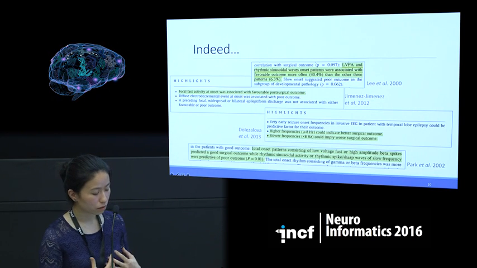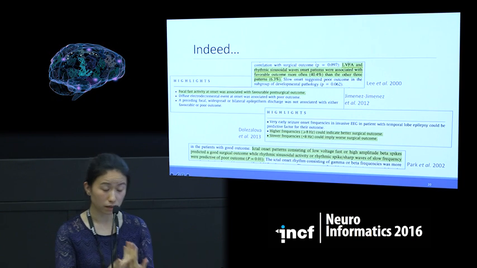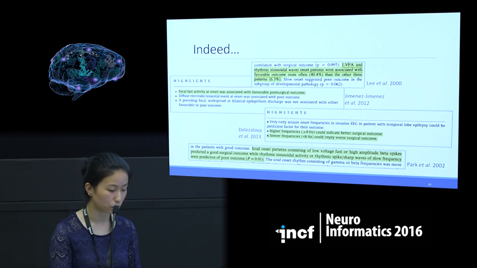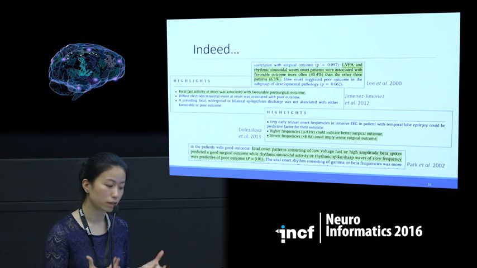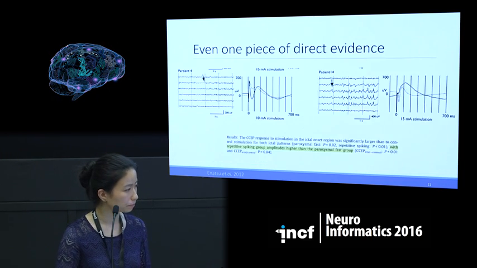So there are definitely indications that the onset pattern is a predictor for the surgical outcome, further consolidating the idea from the modeling that the surround excitability plays a crucial role in determining your surgical success.